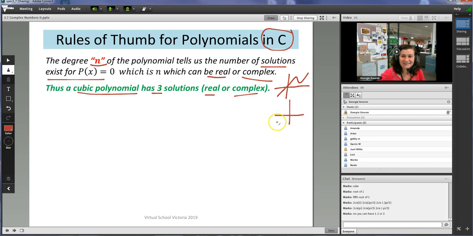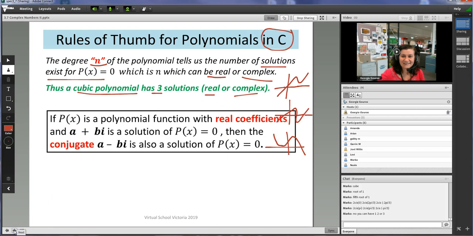Or it can look like that. Can you have 2 or 3? You can have, and you can have ones that look like this. It's 2. So what we're saying is, when we're looking at the complex domain, we've got a cubic polynomial. It always has 3 solutions. So a polynomial of degree n always has n real or complex solutions.